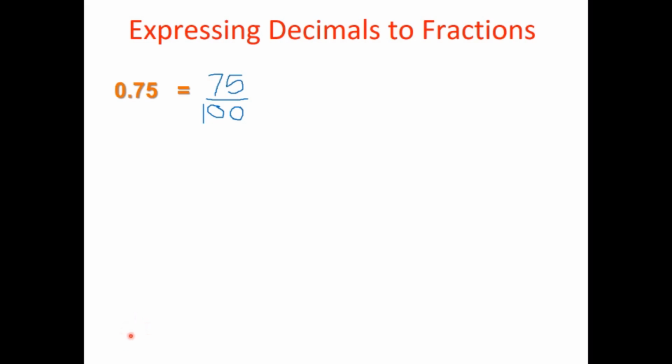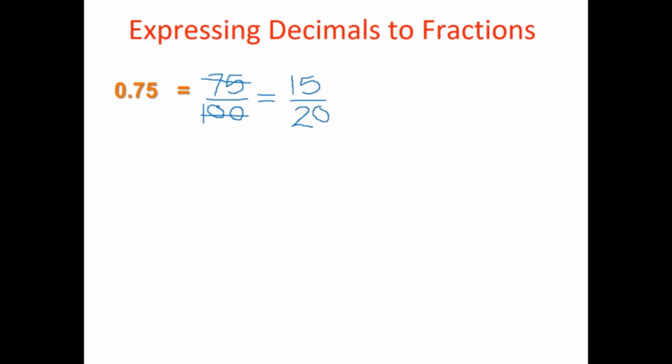Okay, now let's move on. But this is not the lowest term. We can break this down. 75 by 100, we can actually break it down. So you know we can divide this by, let's say, 5. By the time you're done dividing 75 by 5, you definitely get 15. I assure you that you get 15. By the time you're done dividing 100 by 5, you get 20. Okay, I'm not going to go into that anymore.